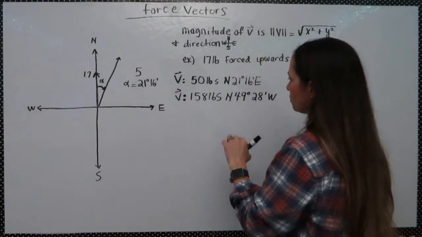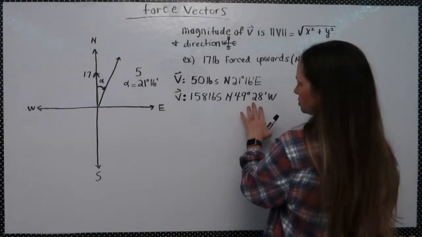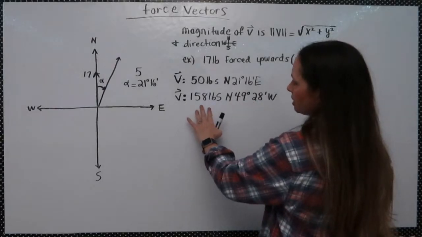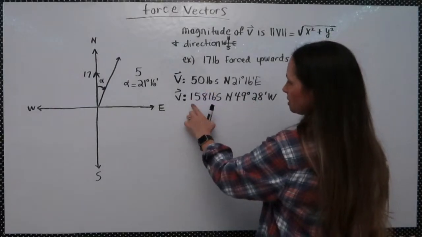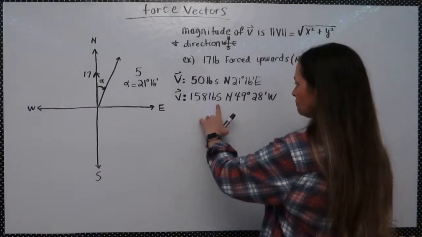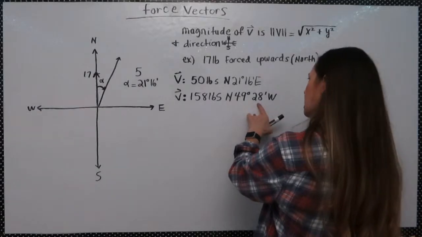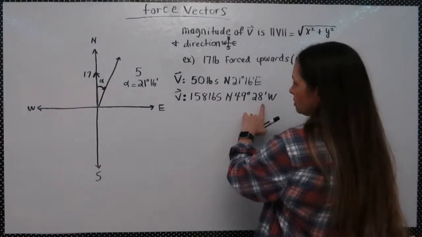Then I'm going to try to locate this vector here. So we've got these two vectors. This one's 158 pounds, so it has a magnitude of 158. And the direction it's heading is 49 degrees and 28 minutes west of north.